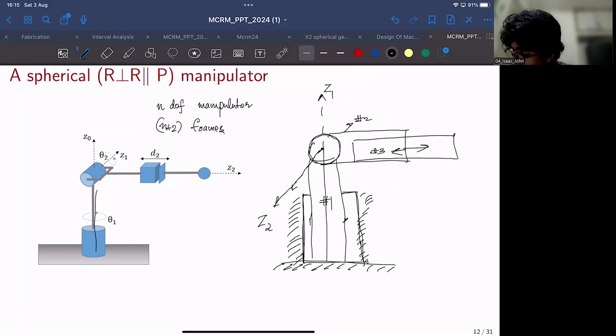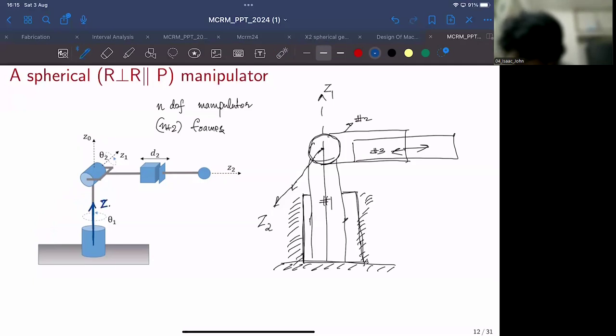So this is the first axis of rotation about the vertical axis. This is the second axis of rotation, and this is a third axis of translation, right? So we'll assign the first frame of reference. I'll attach a frame Z0 like this.